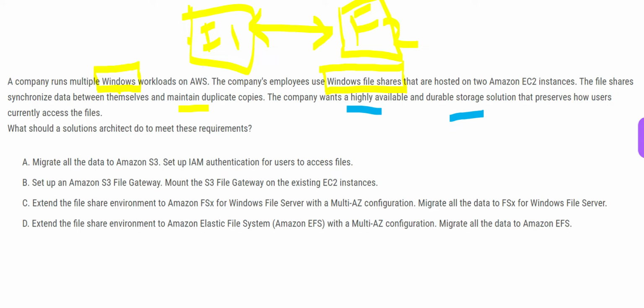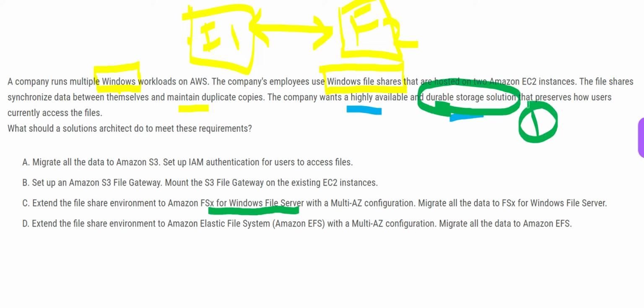So my answer in this case would be I would use FSx for Windows File Server. So why FSx for Windows? Because it addresses durable storage. That is point one. And with Multi-AZ, it addresses high availability, which is point two.